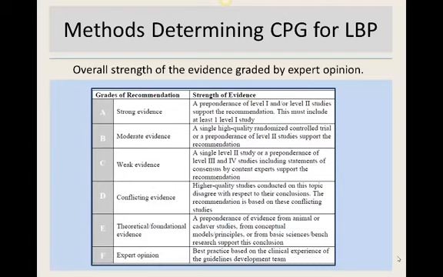E, theoretical foundational evidence. This is going to be evidence from lower studies such as animal cadaver studies or based on models, basic science. And expert opinion, F, recommendation would be based on clinical experience or guidelines from development teams.